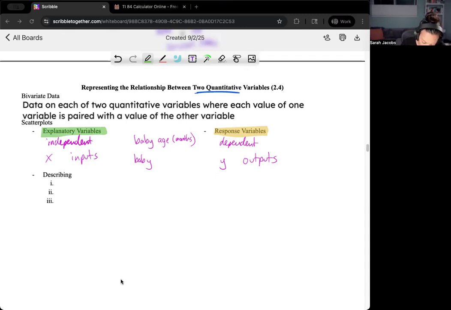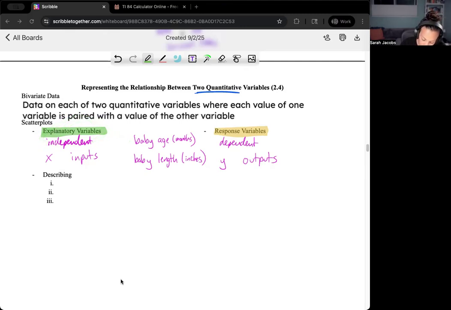And we're going to say in inches because America. Okay. So take a second for yourself. Which one of those would be the explanatory variable and which one would be the response? Again, explanatory kind of has that word explain in it. Which of these two things likely explains the changes in the other?